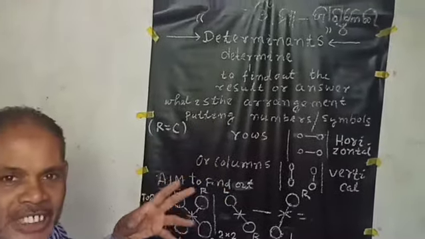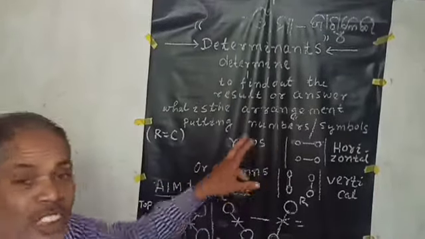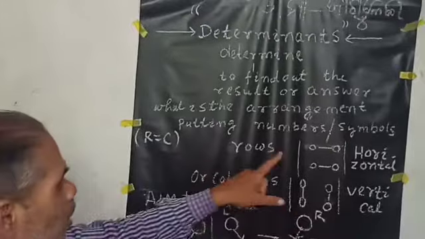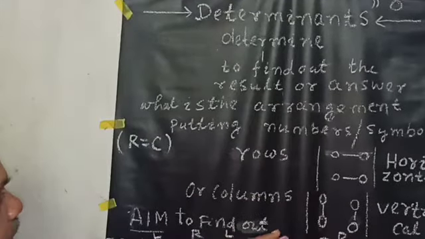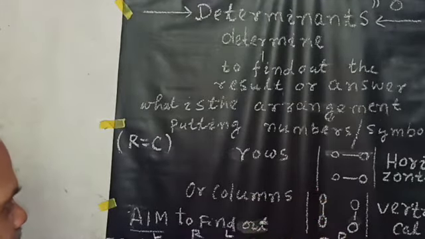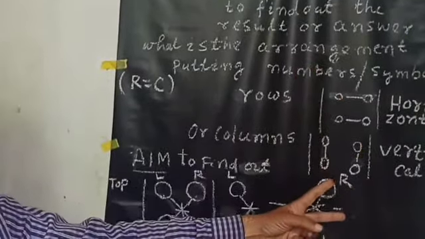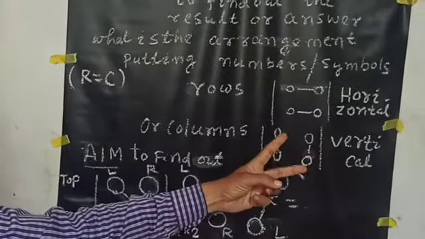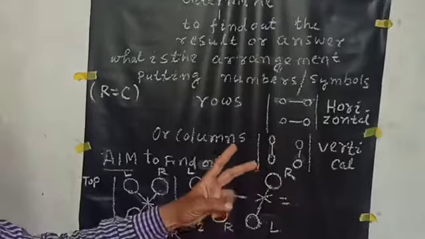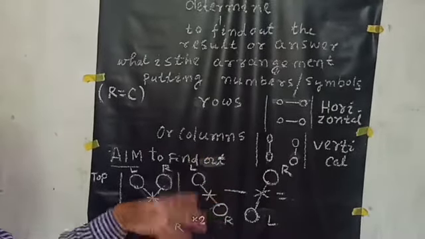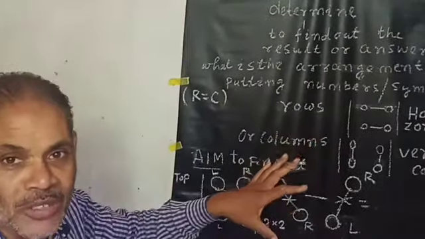The final thing is arrangement of certain numbers or symbols in rows and columns. I will arrange this in graphs. It is not found in your textbook or anywhere. This is the new concept.